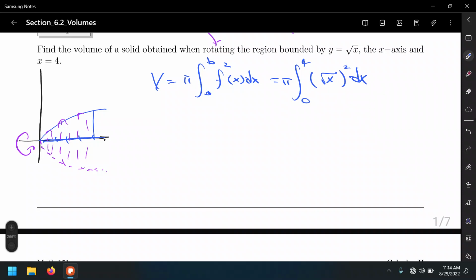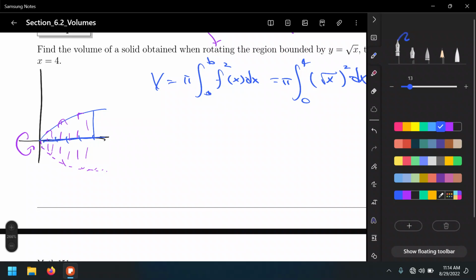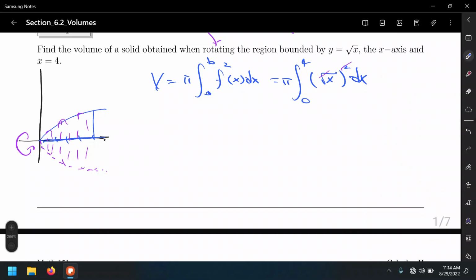Well, in this case we can cancel the square with the radical, and this integral will be really simple to compute. What's the integral of x? I mean, that's x squared over 2 from 0 to 4. The rest of the problem is basic arithmetic by using the fundamental theorem of calculus, f of upper limit minus f of lower limit.